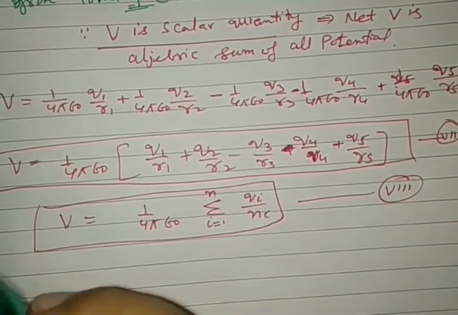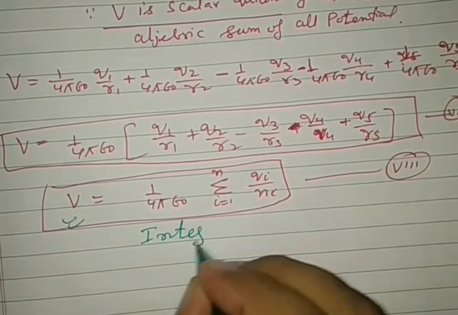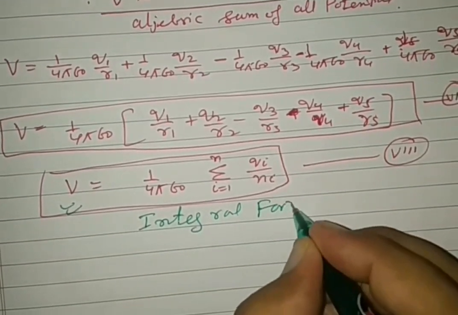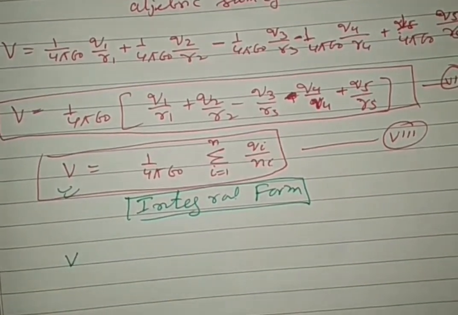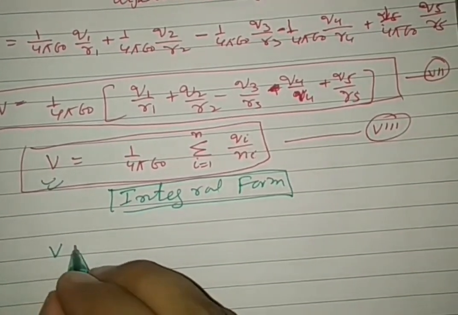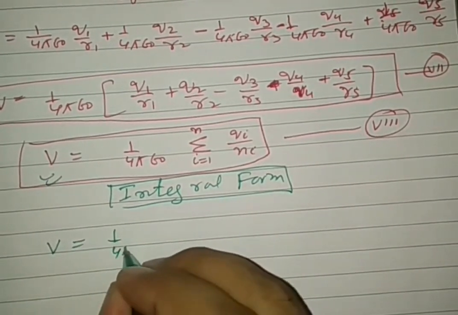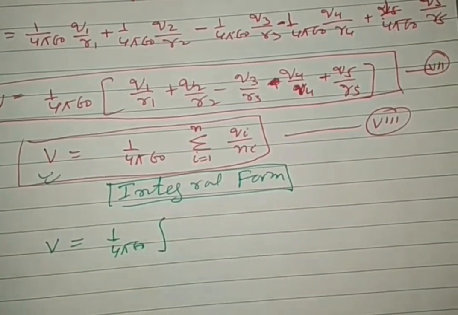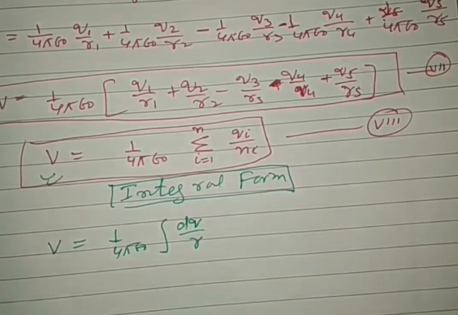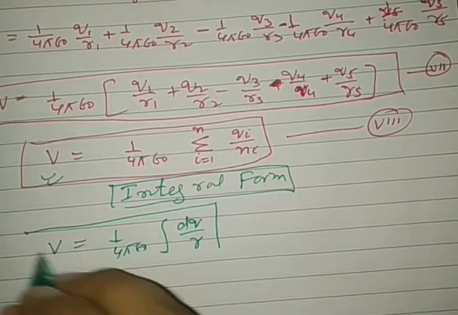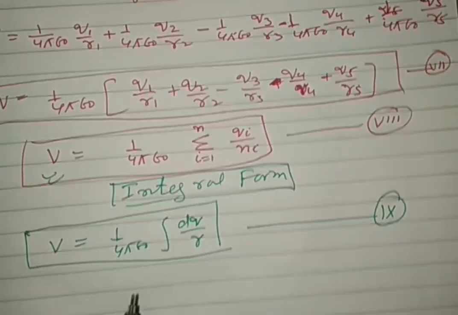Now see, this equation can also be written in integral form. In integral form it is 1 upon 4 pi epsilon 0 integral dq by r. See carefully. This is represented by equation 9.